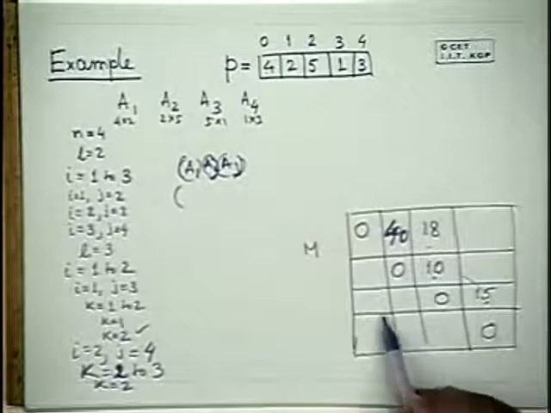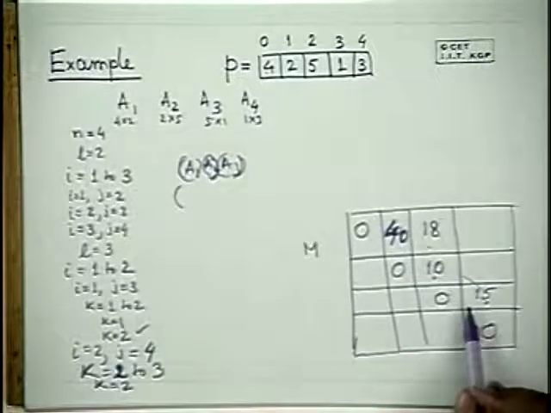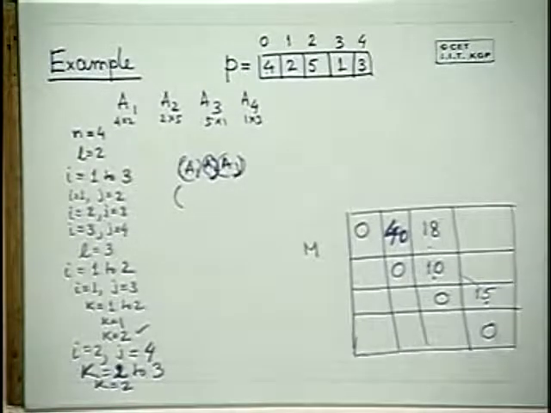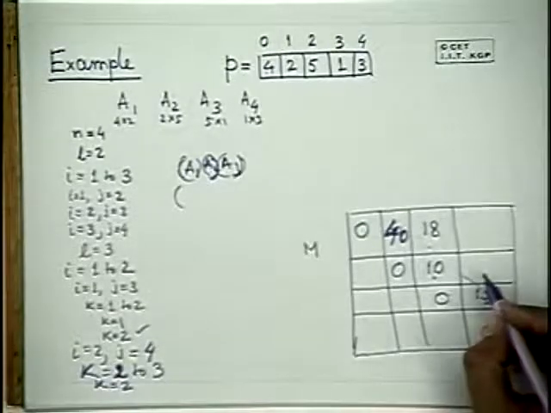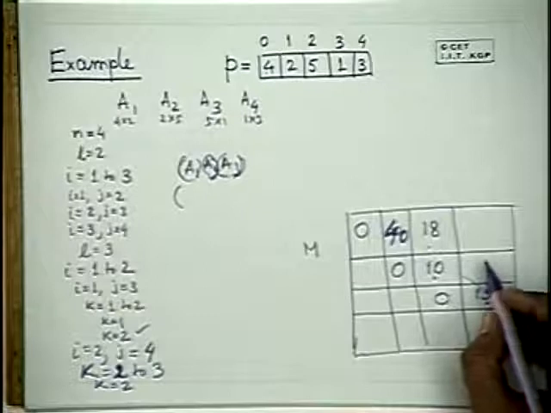M34 you must have calculated already, which is 15. 15 plus, tell me this 3 multiplication, what is that? So 30 plus 15, which is 45.